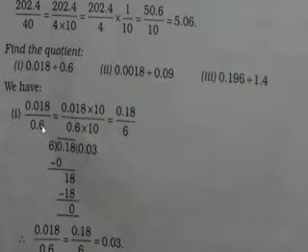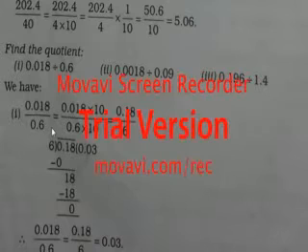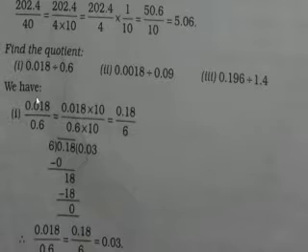As you can see, there is 1 digit after the point, so if you multiply up and down with 10, or directly you can remove one point. After 1 point it can be removed. You can write simply 0.18. From here the point moves one place right, and here also 6 will come after the decimal, so it will become 0.18 divided by 6.